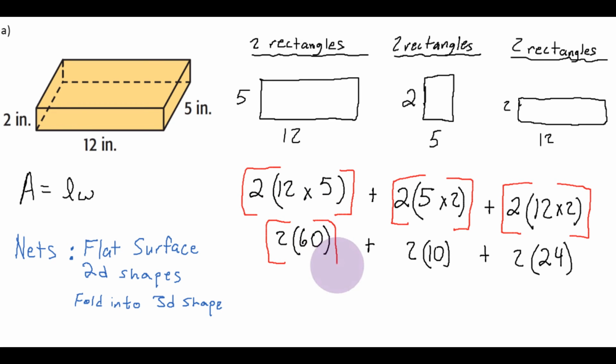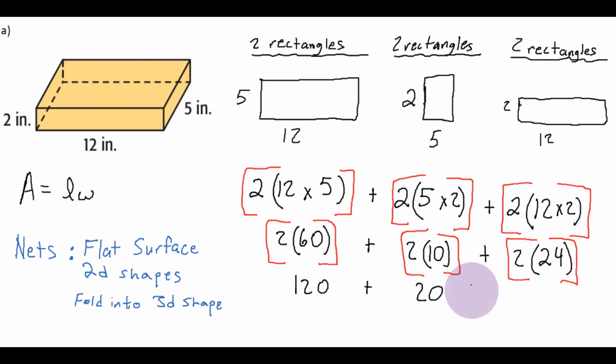I'm going to draw my brackets in. Cool stuff. I'm going to go back to the black pen. 2 times 60 is 120, plus 2 times 10, which is 20, plus 2 times 24, which is 48. Well, 120 plus 20 is 140, and we're going to add that to 48.